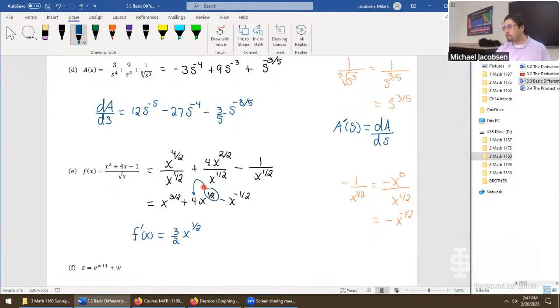This 1/2 comes down and multiplies the 4, so we'll just get +2 altogether after doing the simplification. X is to the power of 1/2 minus 2/2, so -1/2 on that one. And finally, this one comes down and multiplies what's a -1, so we convert this to +1/2.